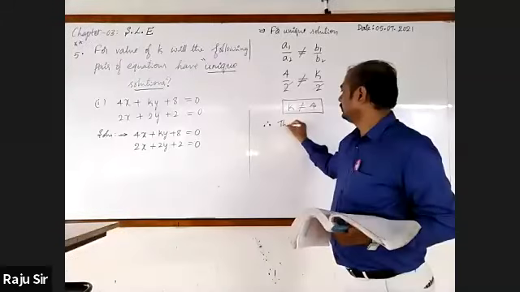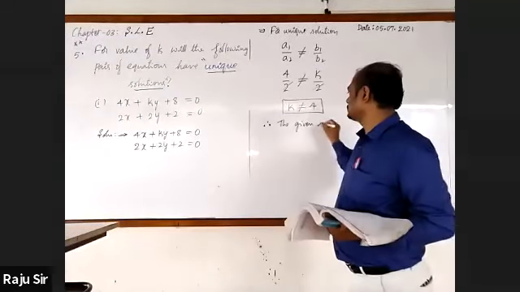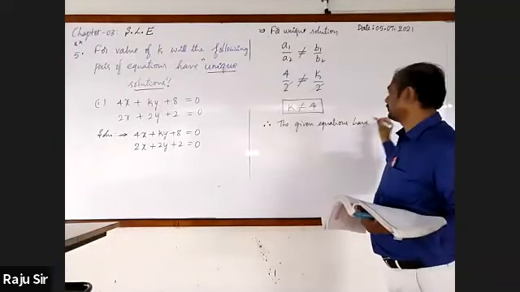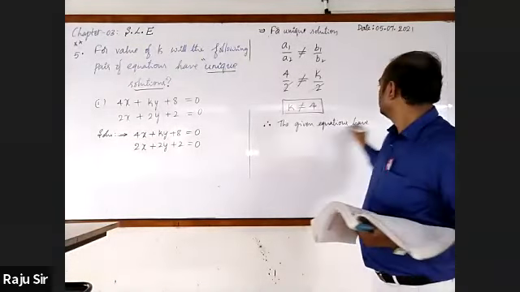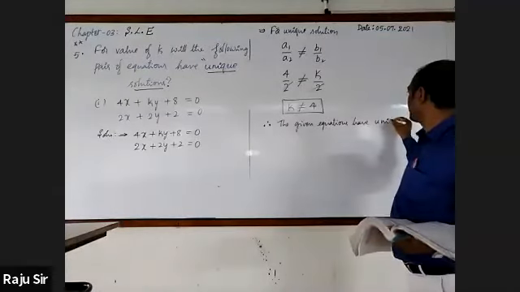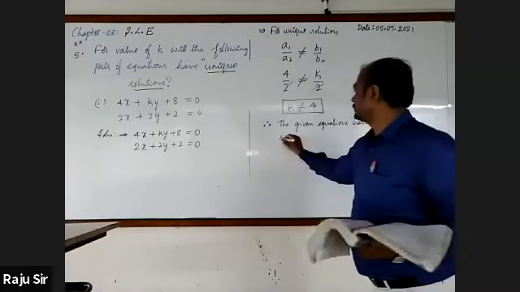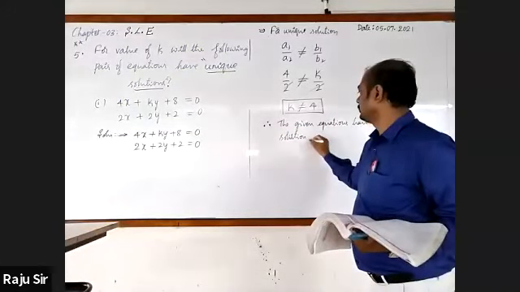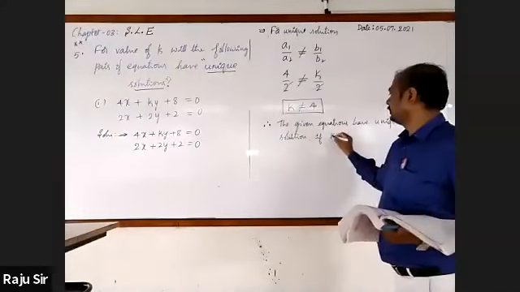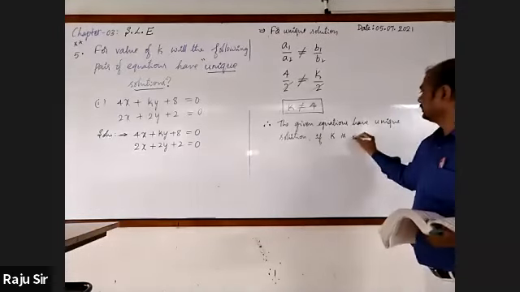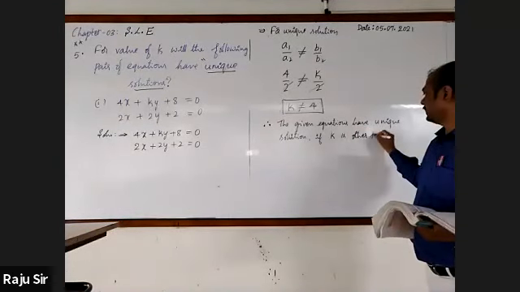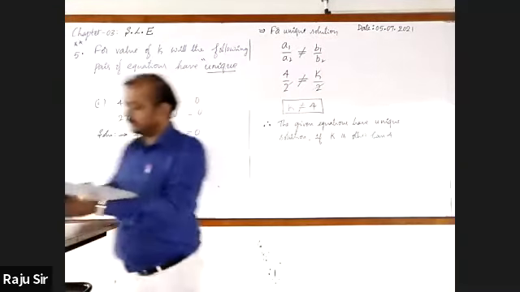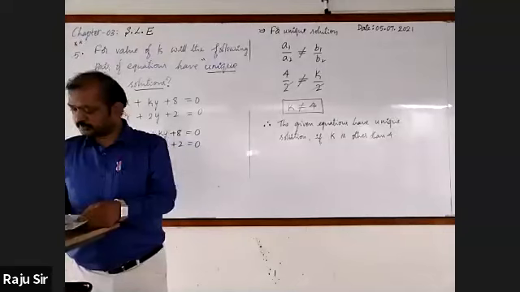Therefore, the given equations have unique solution if K is other than 4, or except 4.